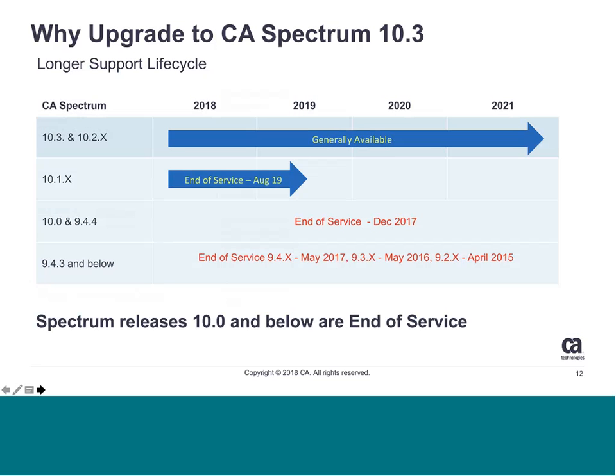Okay, so I was speaking about the support lifecycle and the role it plays here. As on date, Spectrum releases 10 and below are end of service. Specifically, 10.0 and 9.4.4 have been end of service since December of 2017, whereas 9.4.3 and below have been end of service for a while now, like 9.2.x, which has been end of service since April of 2015.